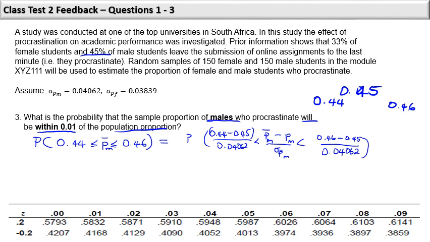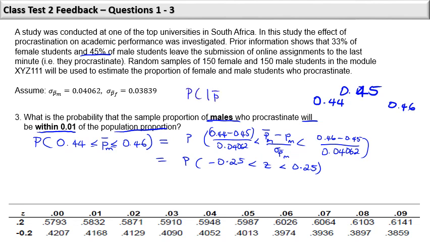And you will see that this will simplify to the probability that Z is between negative 0.25 and 0.25.